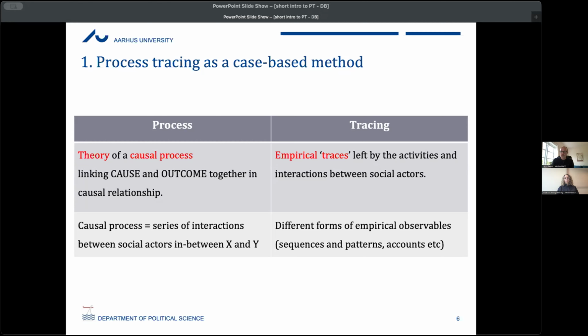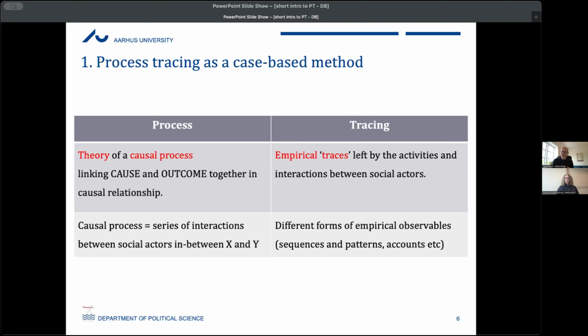The tracing element of process tracing is that we're trying to see some form of empirical traces, and there's disagreements about what these are and how we should analyze them. We'll come into them both in week one and week two in much greater detail. But often, you'll have different forms of empirical observables.